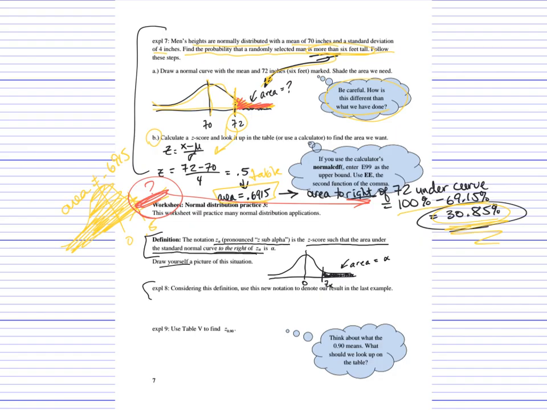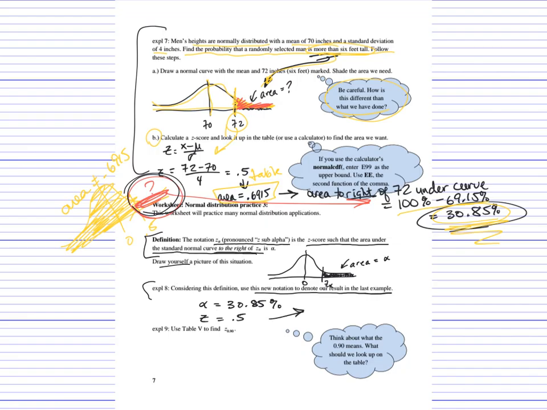And number 8 asks me to, considering this definition, use this new notation to denote our result in the last example. And you will, of course, remember that we were looking at the area to the right of some value, right? So that area was 30.85%, wasn't it? And that z-score was 0.5.